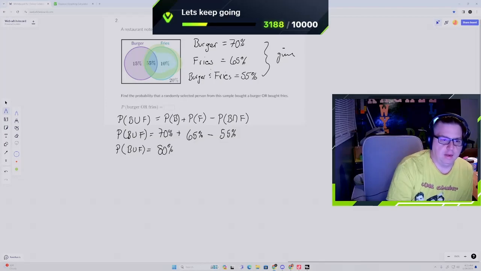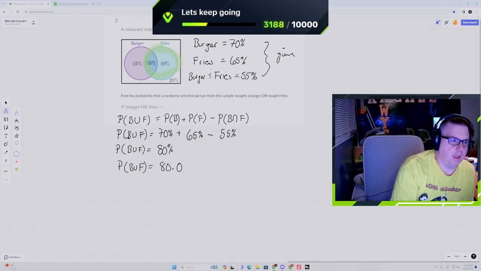And if we look at 80%, we would look at it as 80.0. So now this time when we move that decimal, we're going to move it in the opposite direction. We're going to go to the left. And by doing so, that will give us the probability of burgers or fries as a decimal.